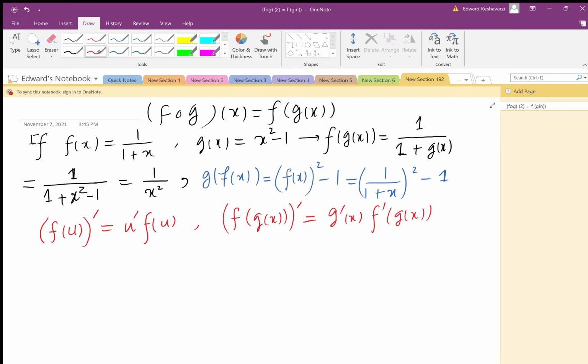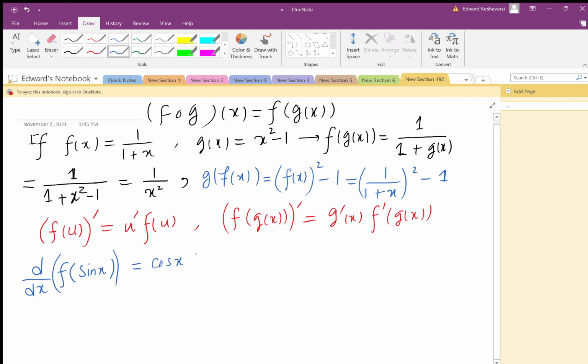So for example, if you want to differentiate f of sine x, all you need to do is to differentiate sine first, the inside function, which is cos x, times f prime of sine x. So this sine x plays the role of u here.